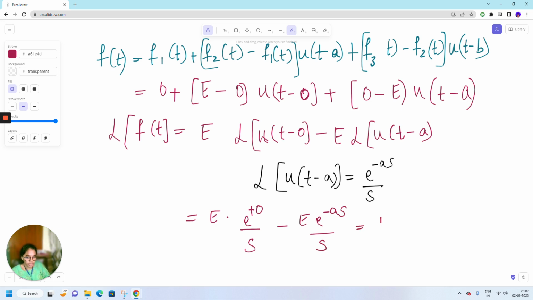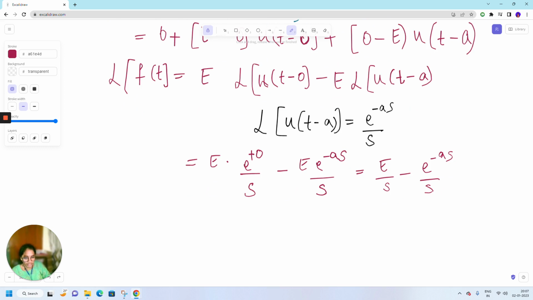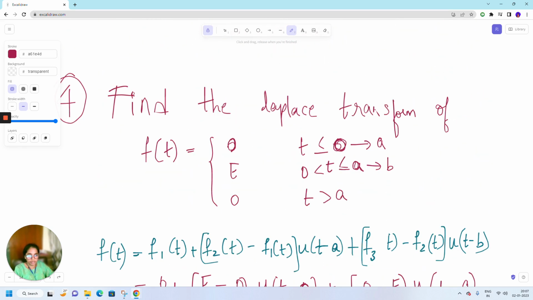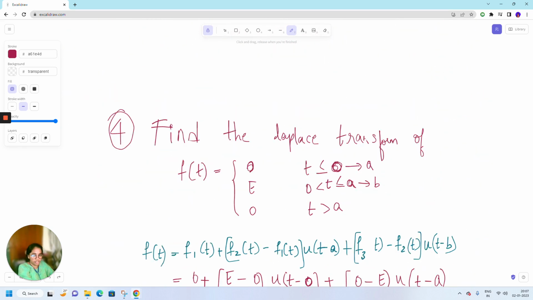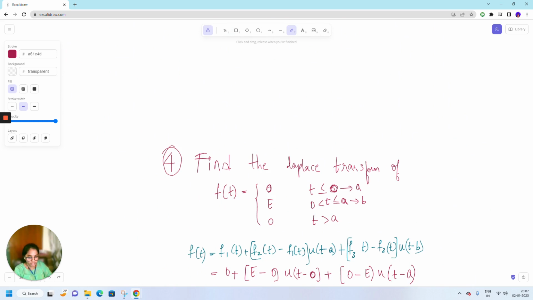So this would be e divided by s minus e e power minus as divided by s, or I can take e by s common, that is e by s into 1 minus e power minus as. This is our Laplace transform using unit step function or Heaviside function.